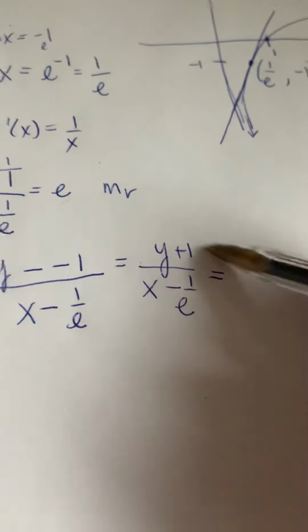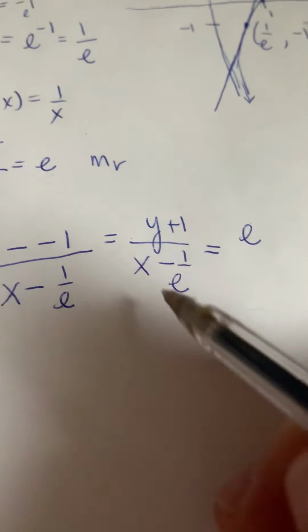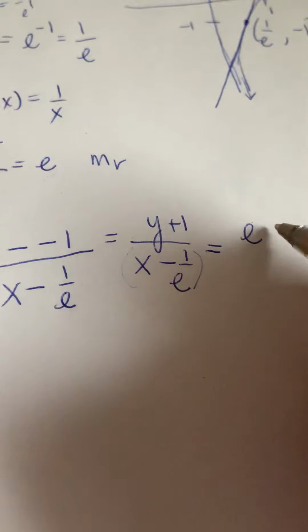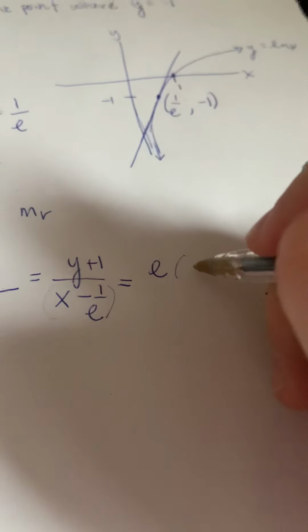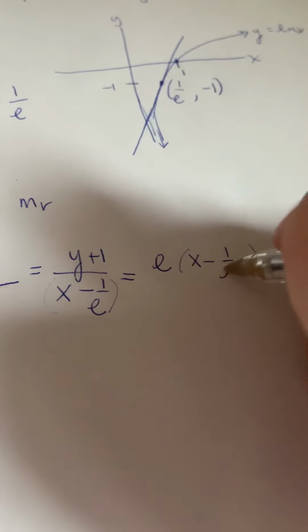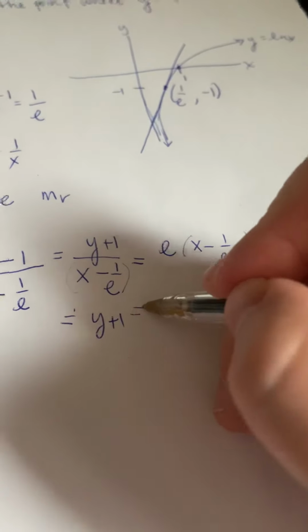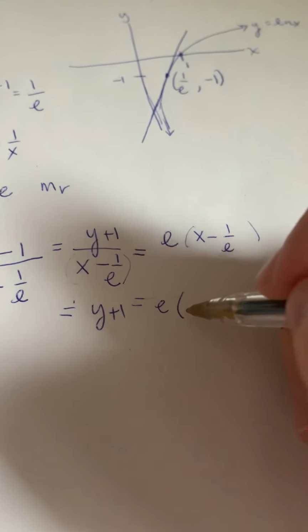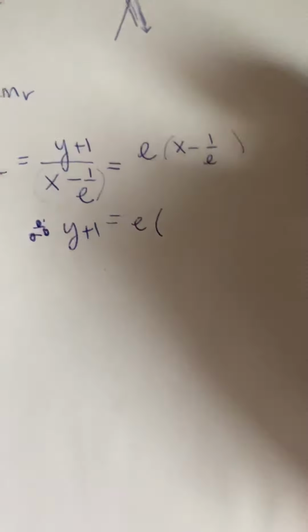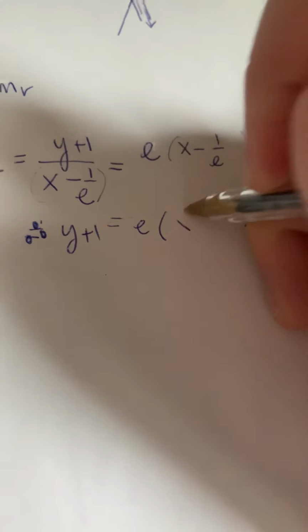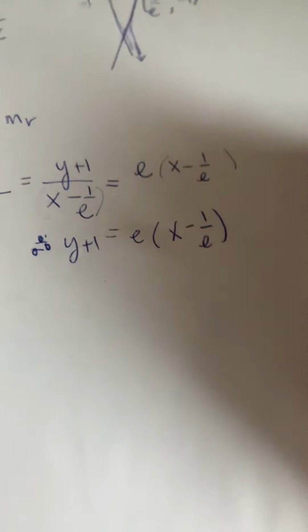To solve for y, I'm going to multiply both sides by the denominator, x minus 1 over e. So I'm going to have y plus 1 equals e times x minus 1 over e.